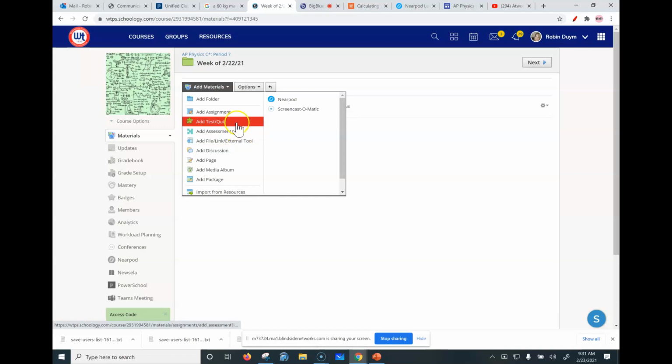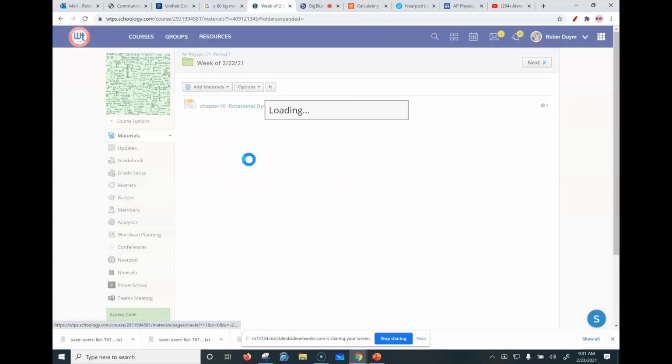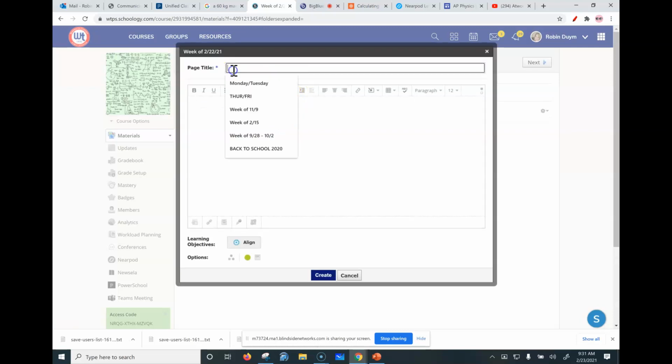Okay, so I'm going to add a page. And then you should be able to go a little bit further in your WebAssign if you have time tonight. Try one or two of them. But look at the topics at the top. If it's dynamic, you could probably attempt those. If it's kinetic energy, you might be able to. You should be able to at least do the beginning ones.